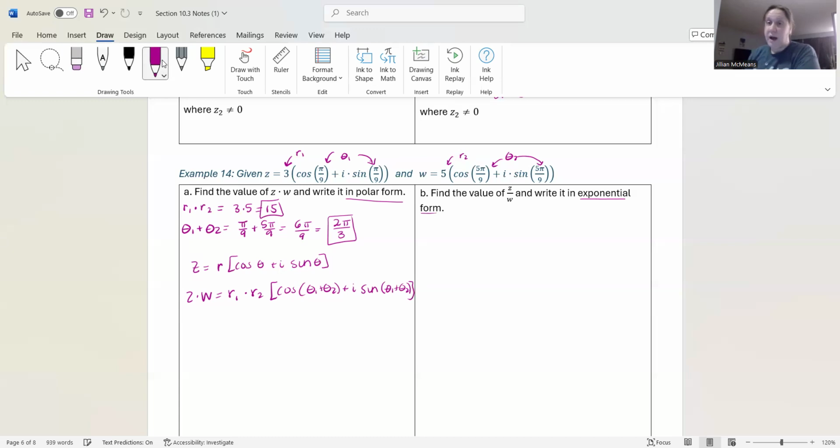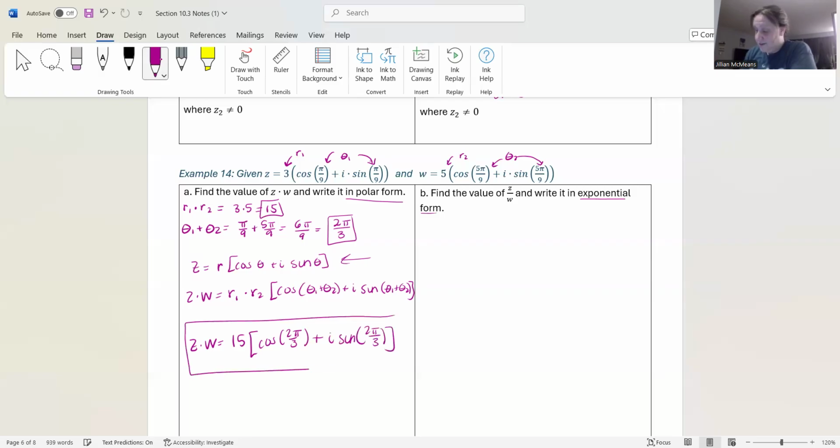We've already done the side work. We just need to plug the values into kind of like the OG formula. So we can say Z times W equals 15 is our R product times cosine of 2 pi over 3 plus I times sine of 2 pi over 3.